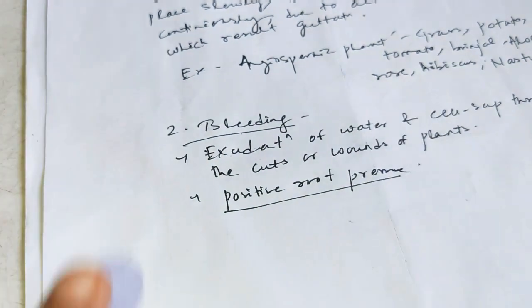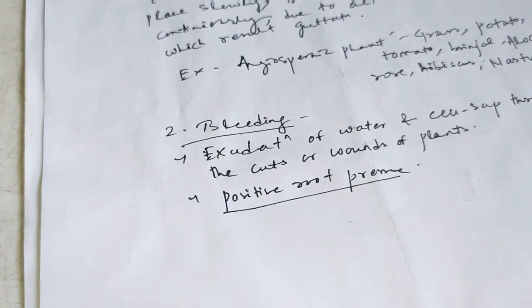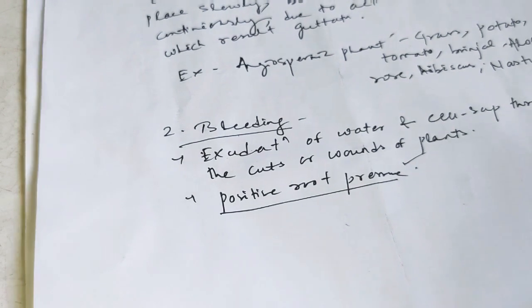Remember this one. Both guttation and bleeding happen due to positive root pressure. This is an important thing.